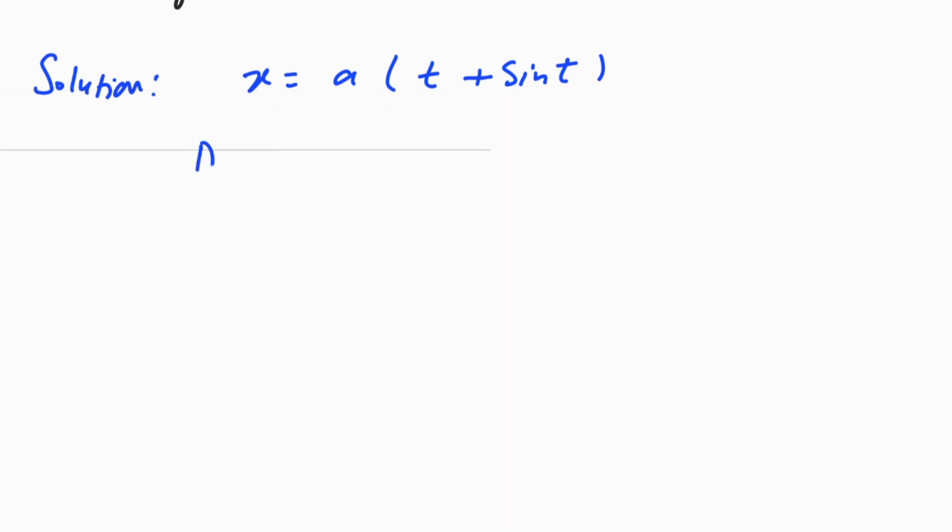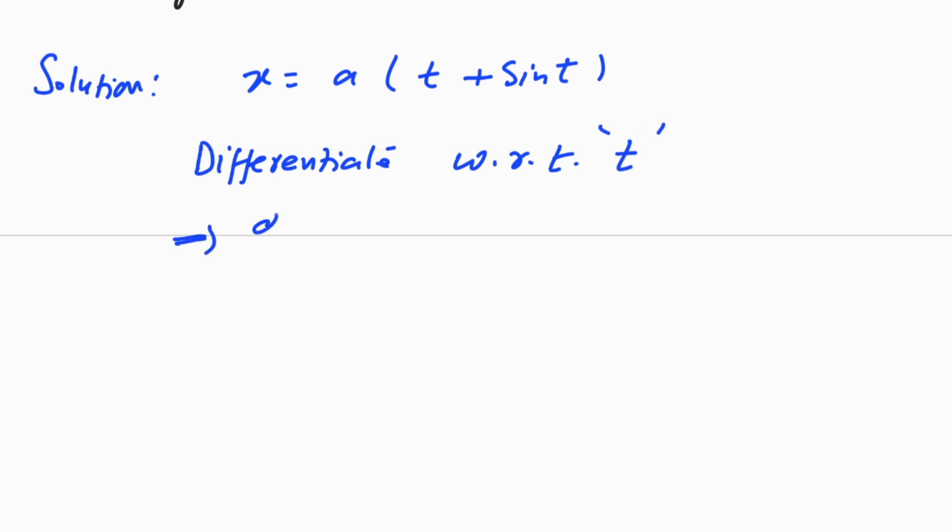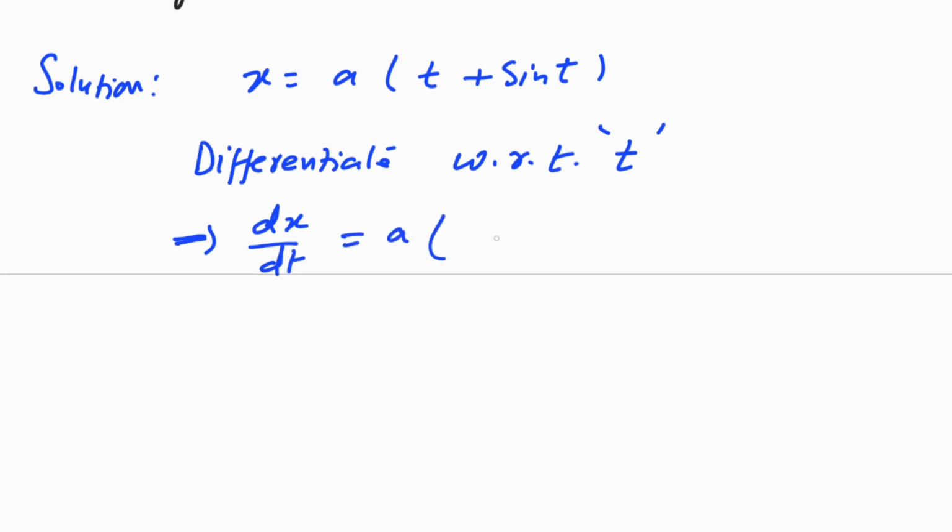Now differentiate both sides with respect to t. What happens? dx/dt = a(d/dt of t is 1, plus d/dt of sin t is cos t).